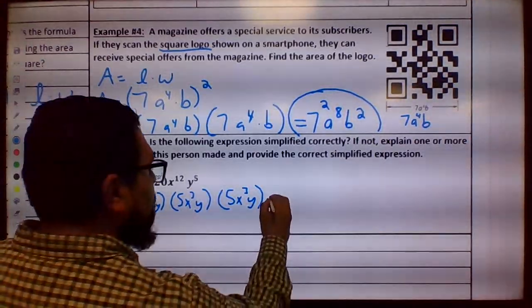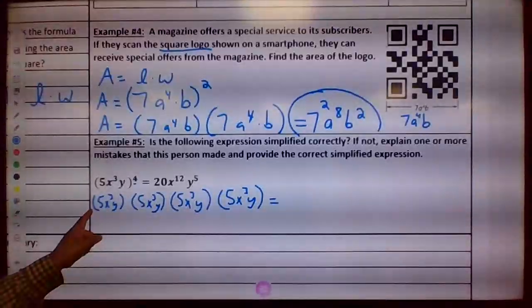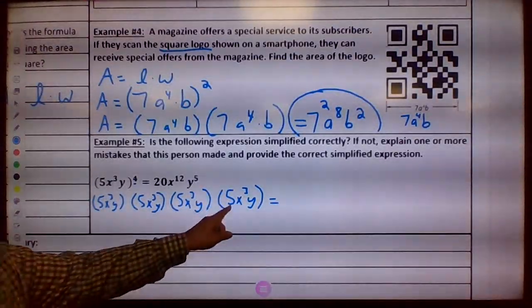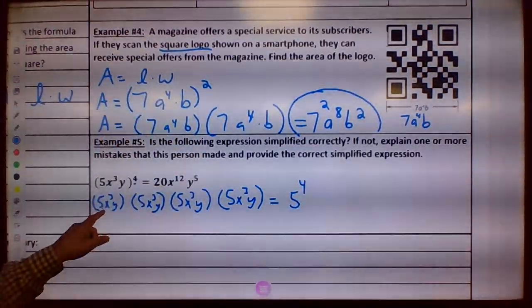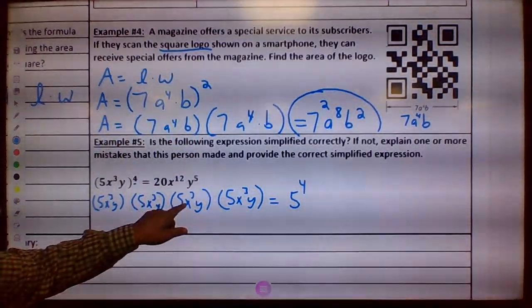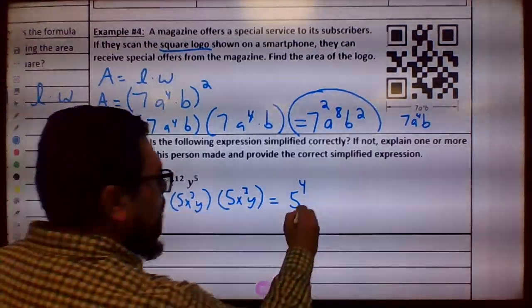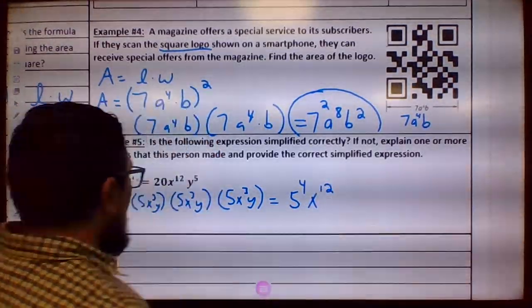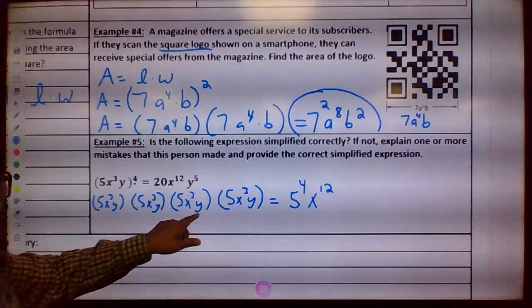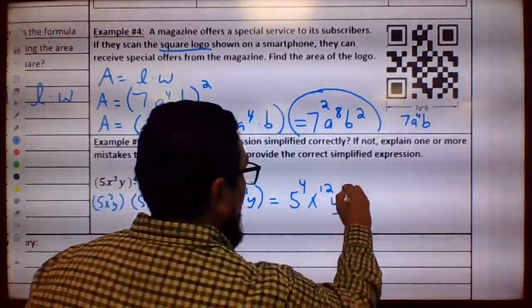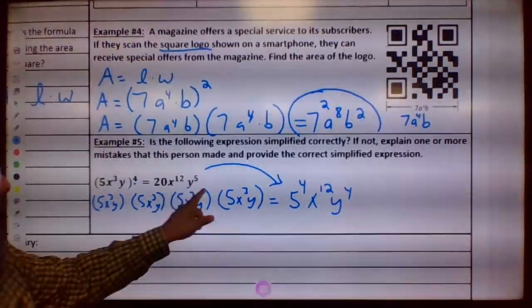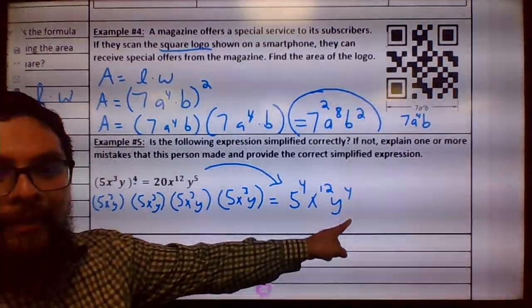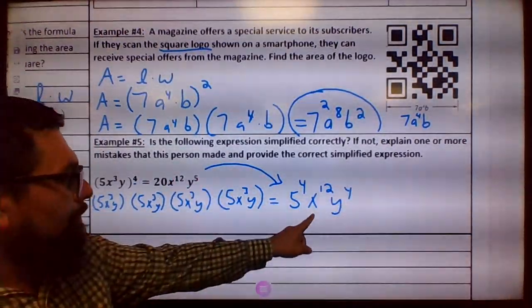Now, how many 5s are there? 1, 2, 3, 4. How many x's? 3, 6, 9, 12. And then how many y's? 1, 2, 3, 4. Let's see if this equals that. Y to the 5th? No. X to the 12th? Yes, that one's good.